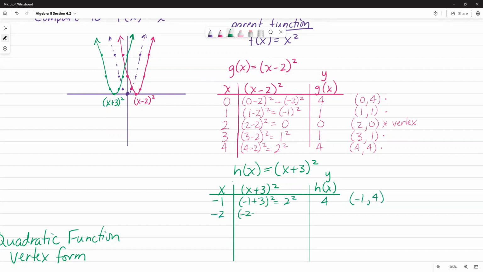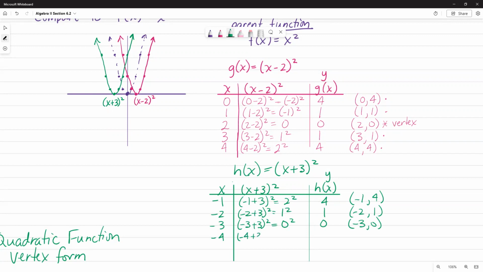-2, we have -2 plus 3 squared, that is 1 squared, so that's 1. And then at -3, we have -3 plus 3 squared, that's 0 squared, so that gives me 0. -3, 0. -4, start to go back up.